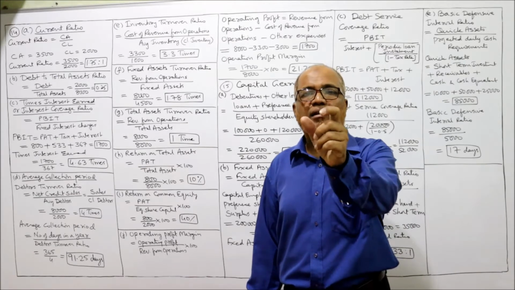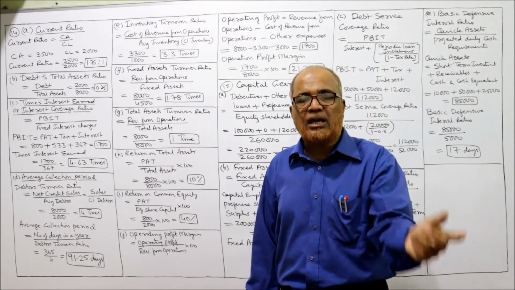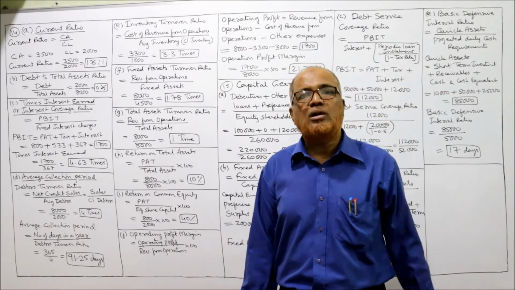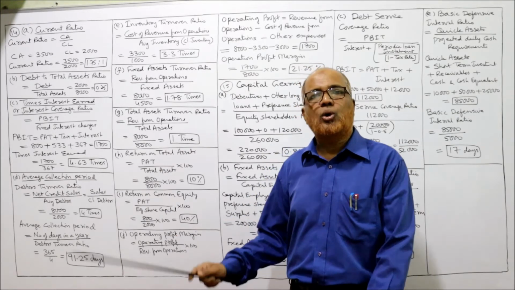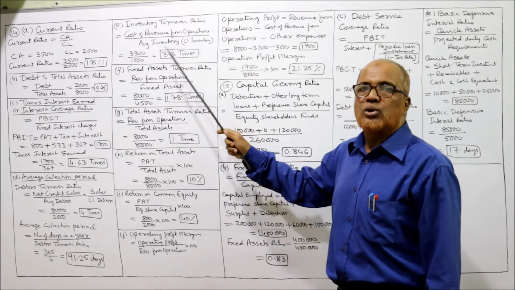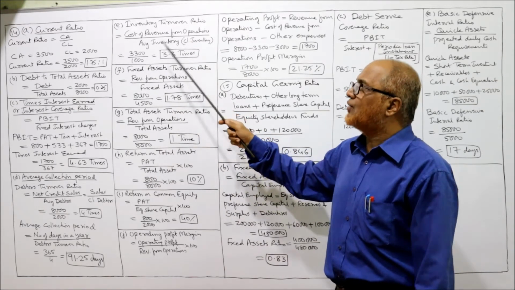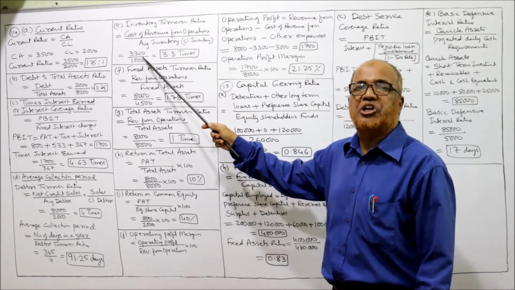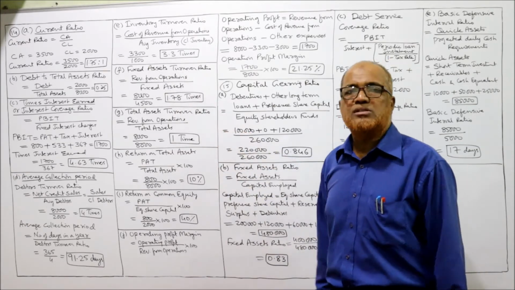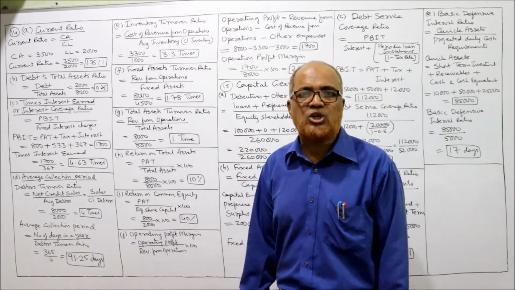Average inventory we can calculate only when opening and closing both are given. Opening inventory is not given, so we will take closing inventory. Closing inventory is 1000, and cost of revenue from operations given in the problem is 3300. So 3.3 times is the inventory turnover ratio.